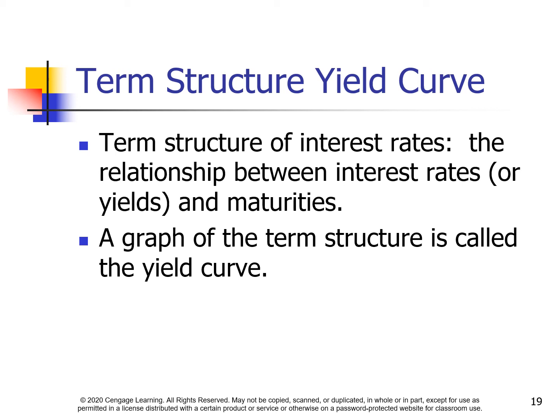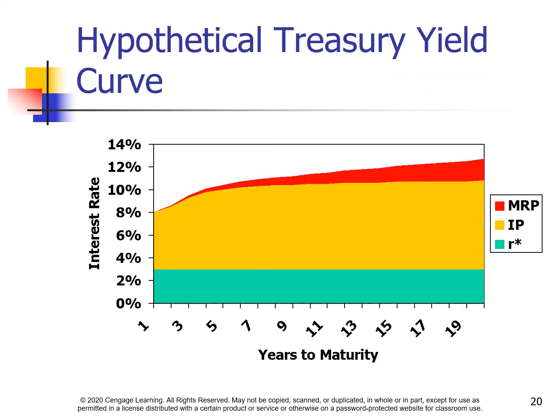The term structure of interest rates is the relationship between interest rates or yields and maturities. A graph of the term structure is called the yield curve. Hypothetical Treasury yield curve. The yield curve typically is upward sloping. As the years to maturity increase, the interest rate increases.